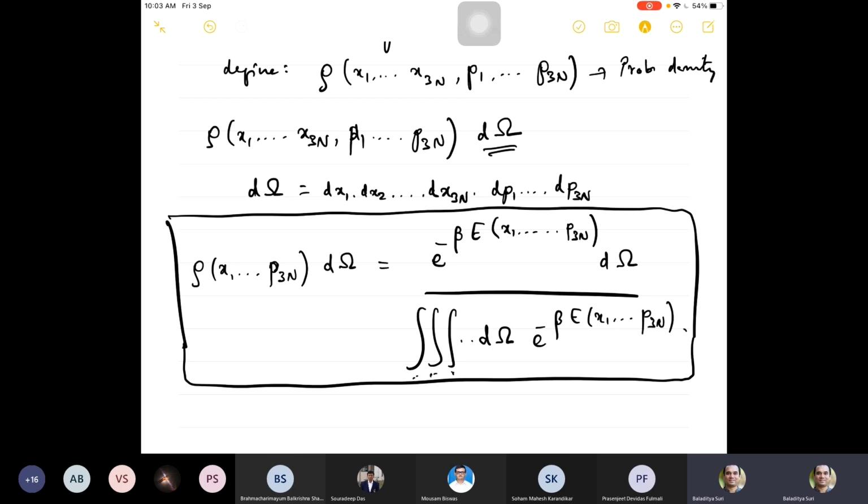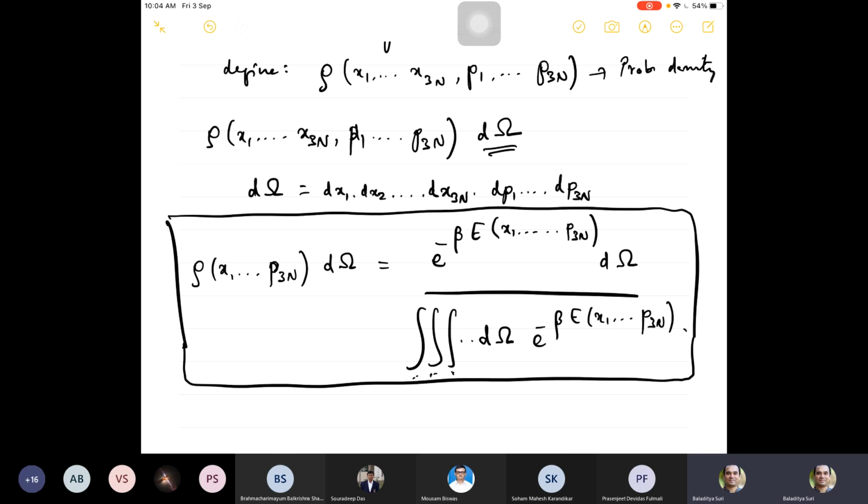This multiple integral here has 6n integrals, and n is of the order of Avogadro's number. So at the very face of it, when we look at this integral, which is so simply written on a piece of paper, it looks innocent. But if you stare at it for a few seconds and realize that there are 10 to the power of 23 integrals in the denominator, you quickly lose hope.